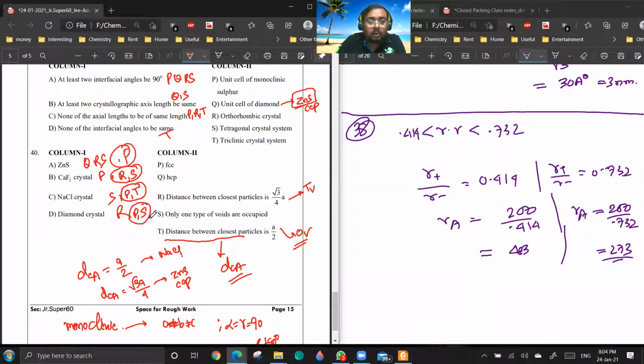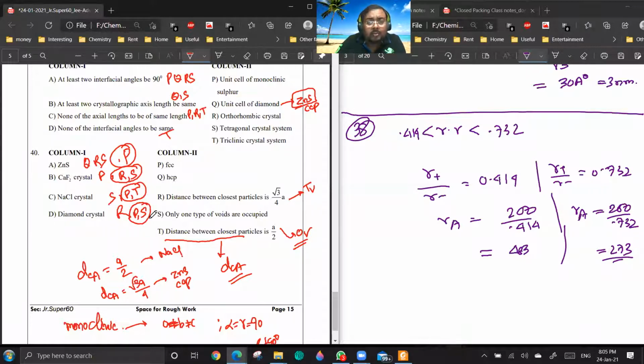Sir, in A, like between T and R. See, in zinc sulfide, whether it is HCP or CCP, the smaller particle, zinc 2 plus, is always occupying tetrahedral voids. So only one type of voids. Type means either tetrahedral or octahedral.